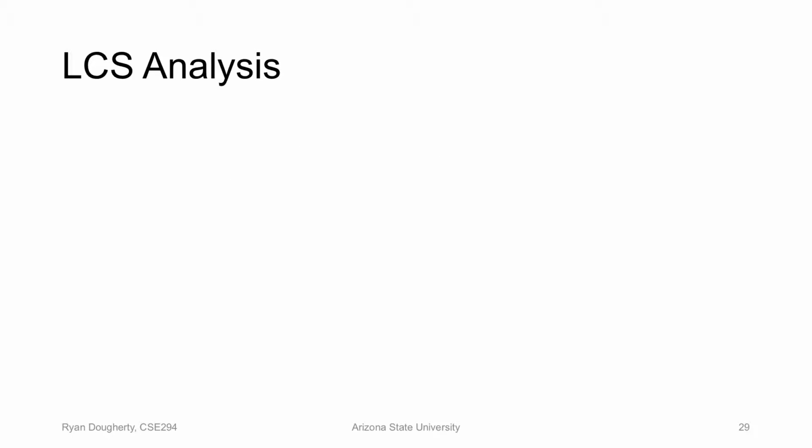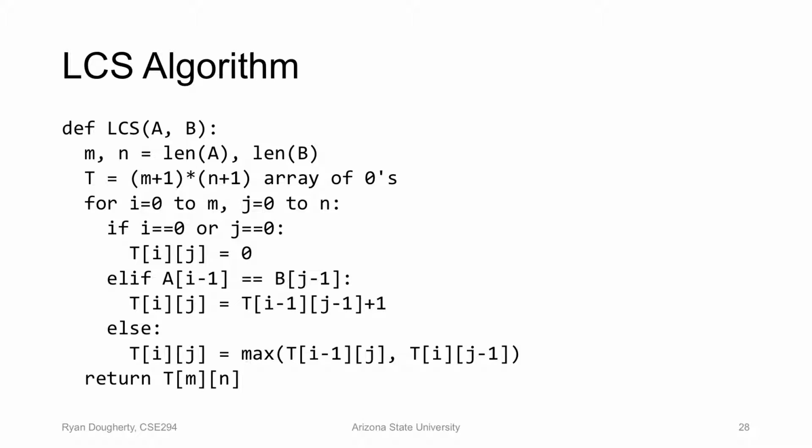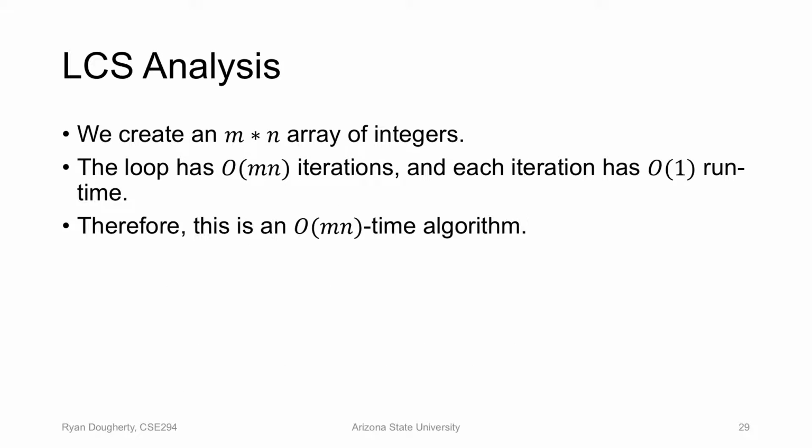And if we look at what we're actually doing here, it's doing 3 basically if checks, and then a constant number of lookups in the table. So a constant amount of work times O of mn. So this is an O of mn time algorithm.